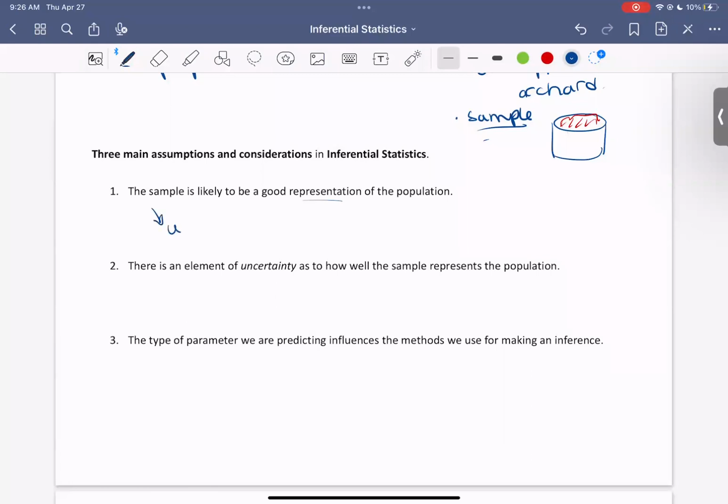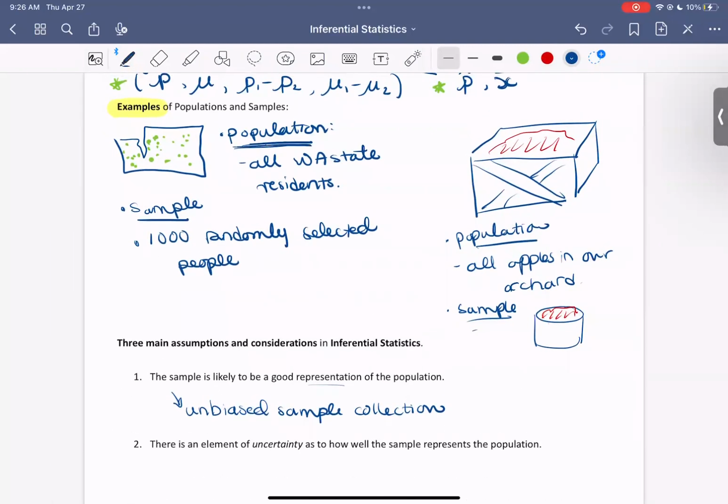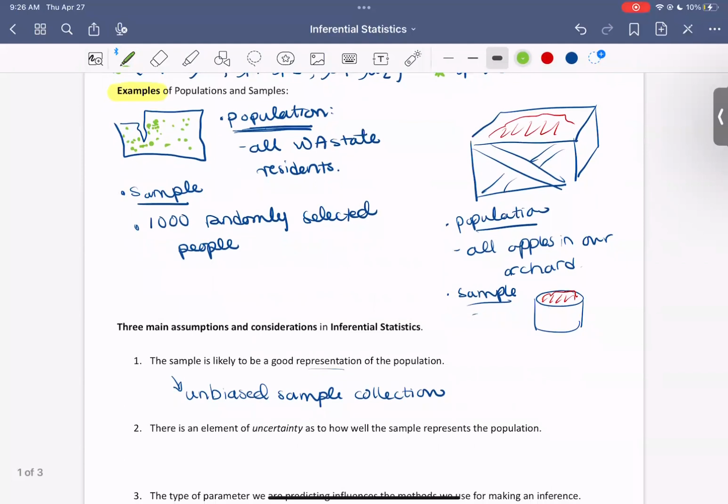That means we need to collect an unbiased sample. For example, if we're sampling people in Washington state, we wouldn't just sample people in Seattle or just people in Olympia. We need to collect data on everyone throughout the state.